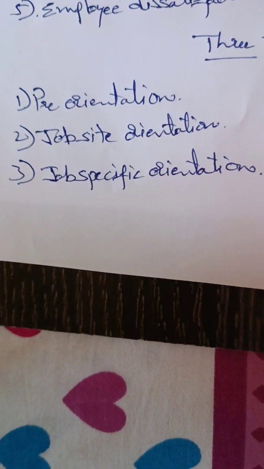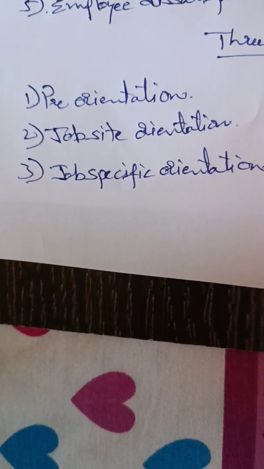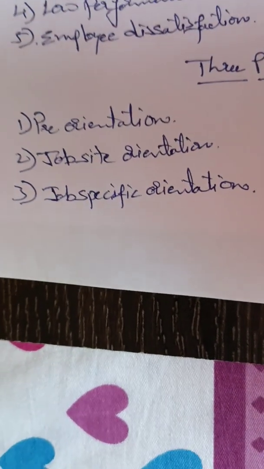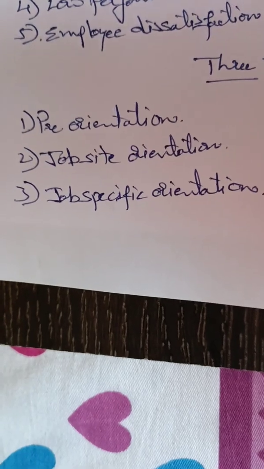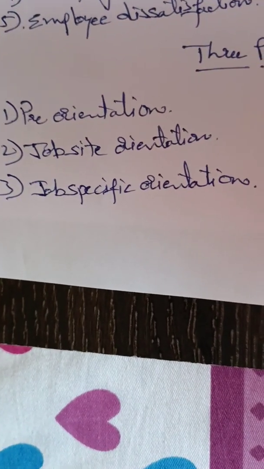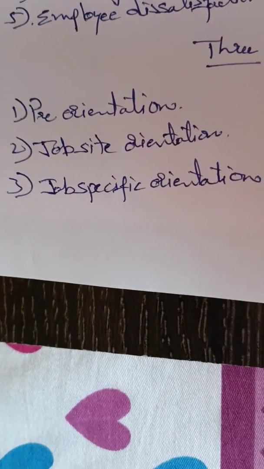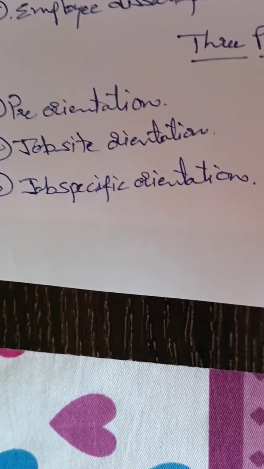Once you offer the job, once you give them the job appointment letter, and give the information, all the set of rules and regulations that your organization will follow, all that information you offer them with a job offer, and they come and join your organization. And at the time of joining, you provide the job site orientation.